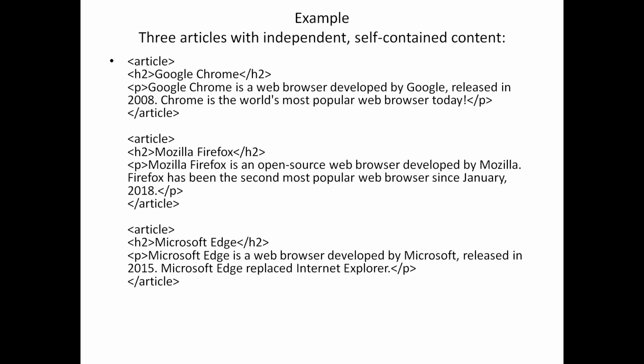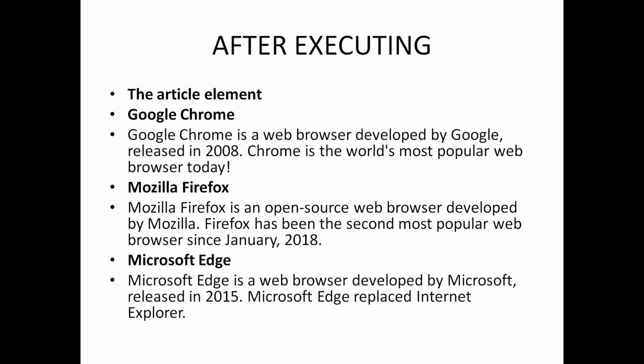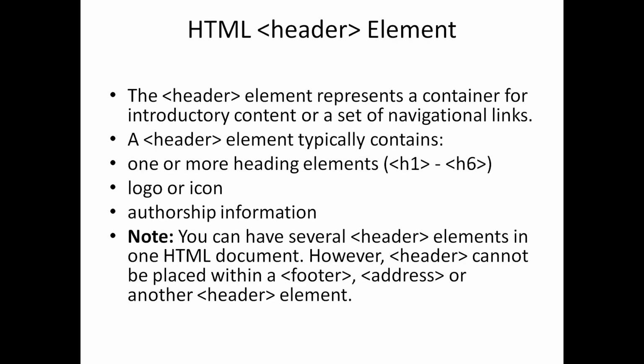Google Chrome is a web browser developed by Google, released in 2008. Chrome is the world's most popular web browser today. Next, the same is done for Mozilla Firefox and Microsoft Edge, where the content is split into Google Chrome, Mozilla Firefox, and Microsoft Edge.